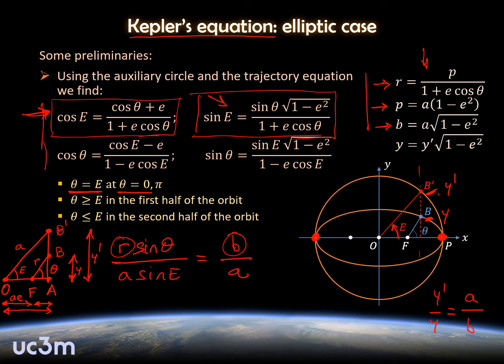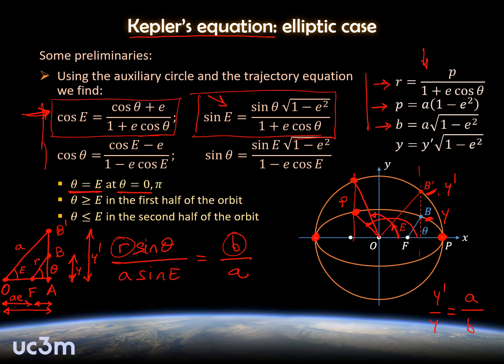Interestingly, at any point on the first half of the orbit, between the pericenter and the apocenter, the eccentric anomaly is smaller than the true anomaly. Imagine, for example, the point over here. The eccentric anomaly will be all this angle, while the true anomaly will be all this angle.